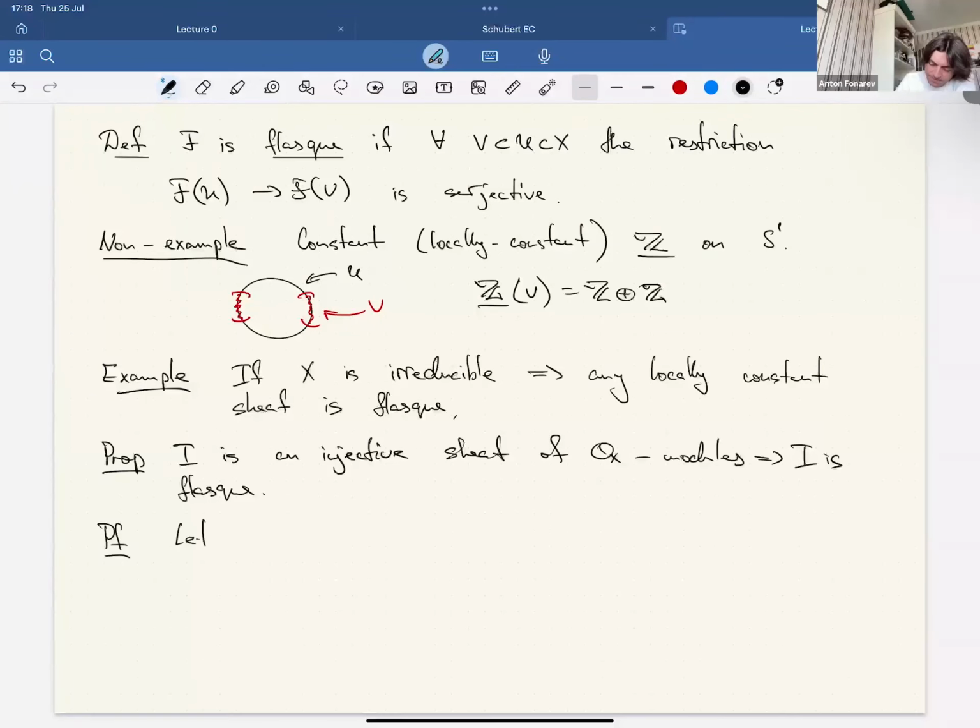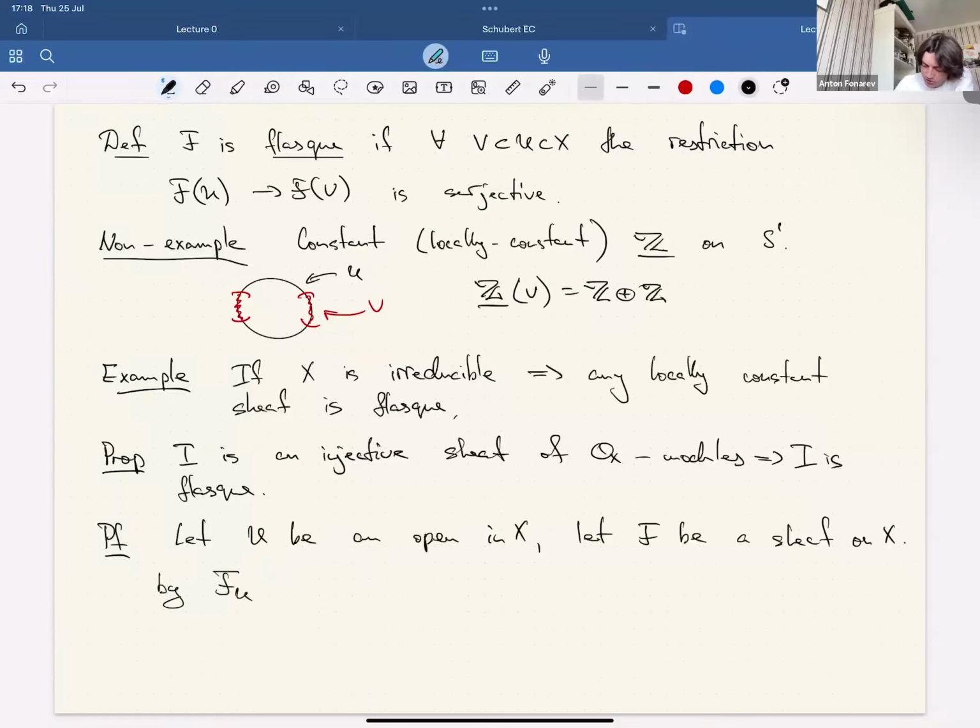So let me introduce some notation: let U be an open subset in X, and let F be a sheaf on X, then by F_U denote the following sheaf.